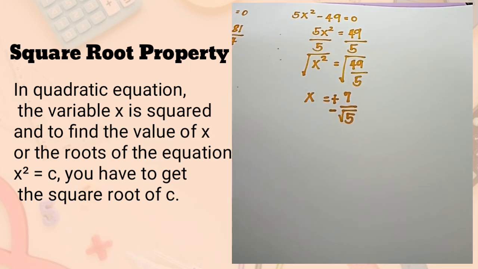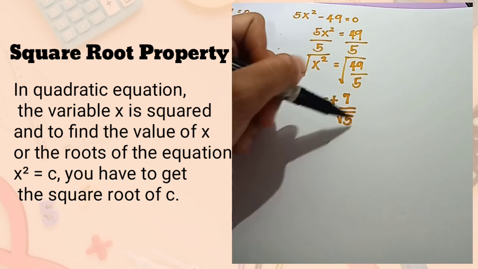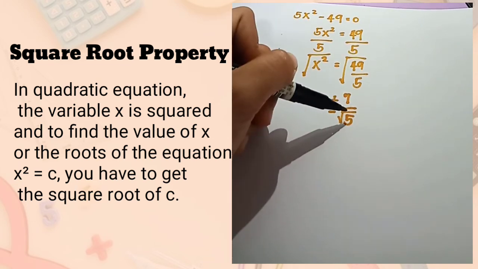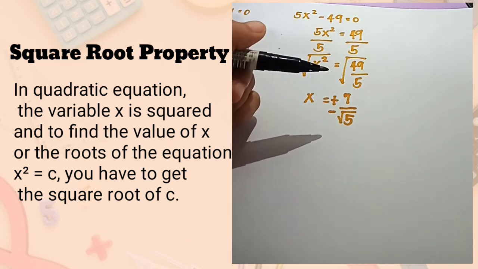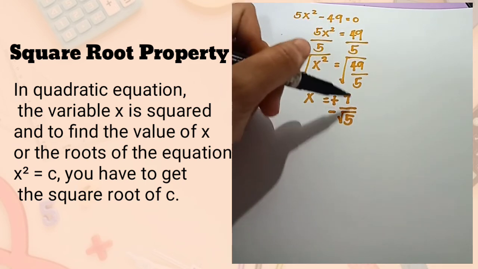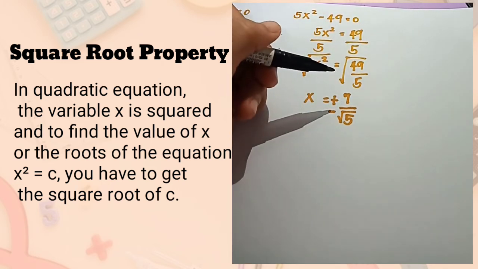Okay. So, since hindi pwede na magkaroon ng radical sign sa denominator, we need to rationalize ang answer natin, no? Okay, so paano ba yung pagra-rationalize?